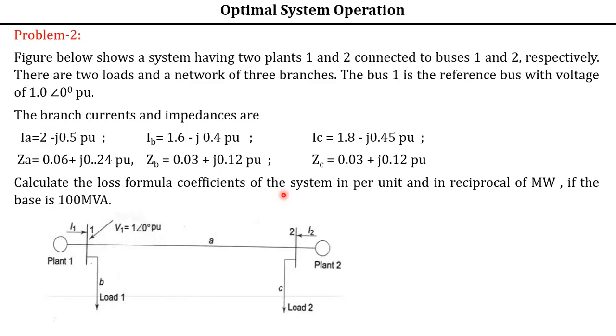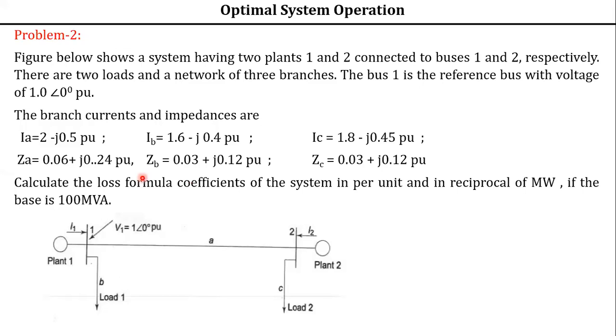How do we determine the total transmission loss? PL is equal to PG transpose times B times PG. This is the matrix form, with B in between PG transpose and PG. That B is the loss formula coefficient matrix, which we are trying to calculate here.